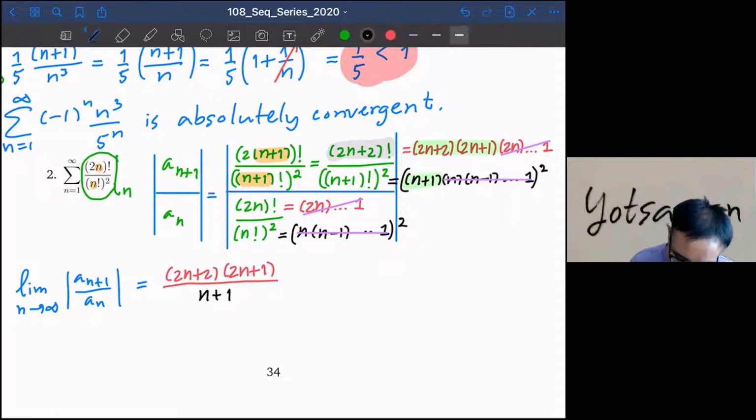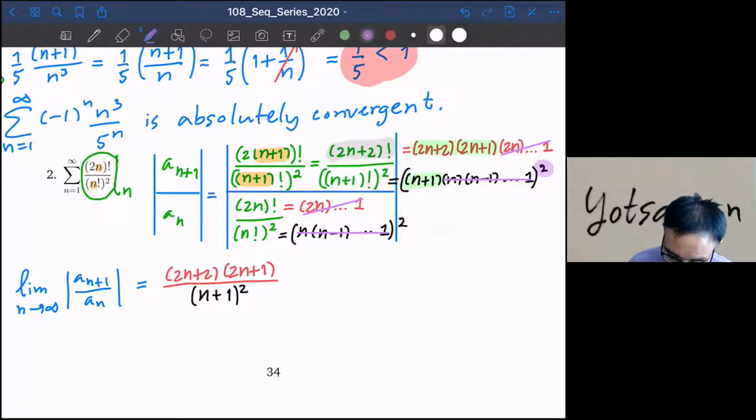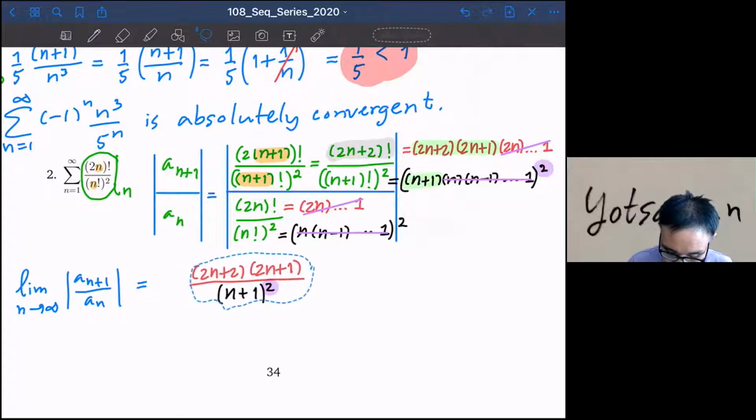However, it's going to be (n+1) squared. Okay, don't forget the square here. So you have the square coming from these numbers. So this one will be the limit as n goes to infinity.